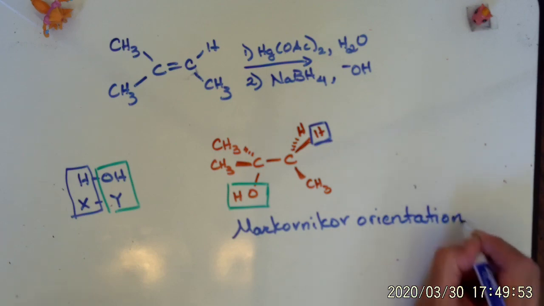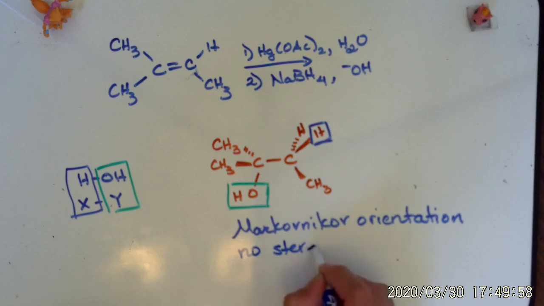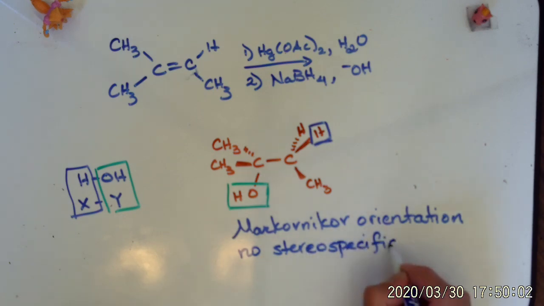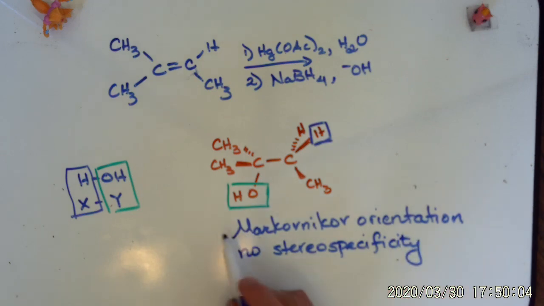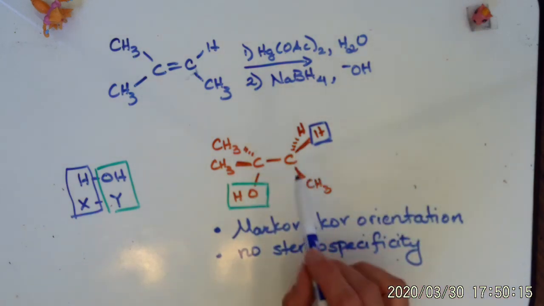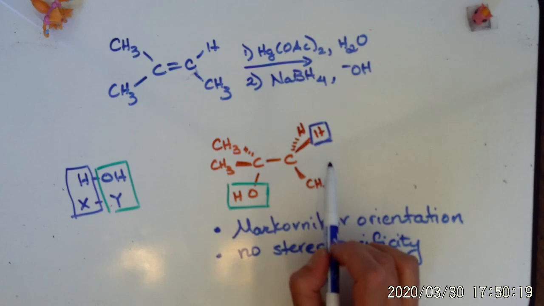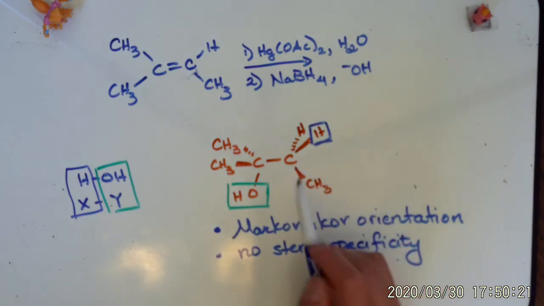Now, why do we not have any stereospecificity? We have regiochemistry, but not stereospecificity. That is because here we know we're going to be trans to the mercury. But when we do the reduction with my hydride being as small as it is, it won't only do the backside attack.